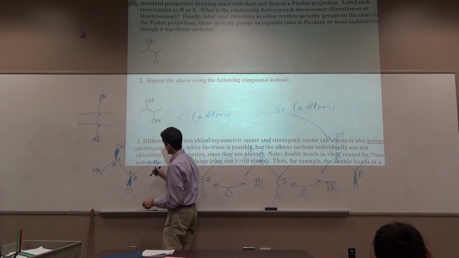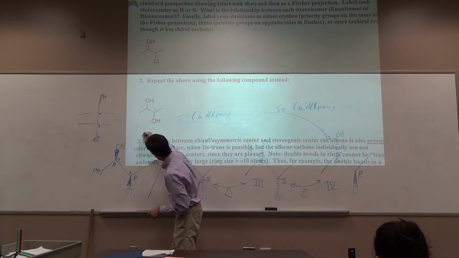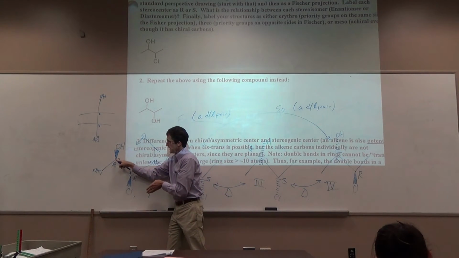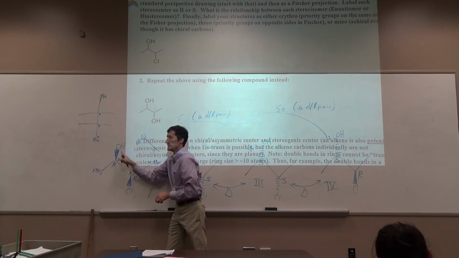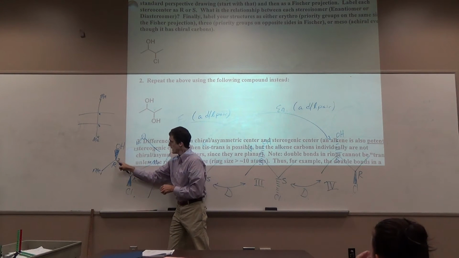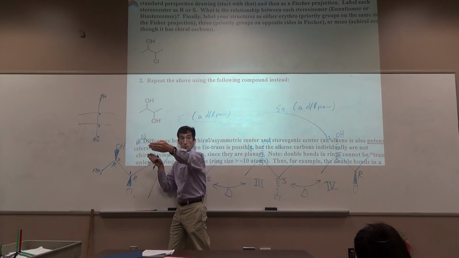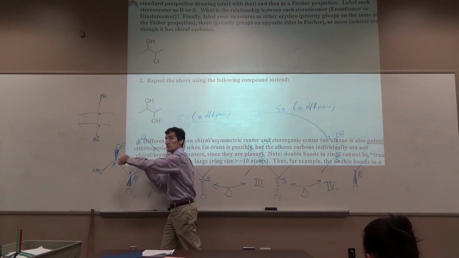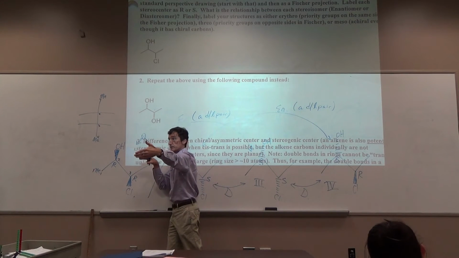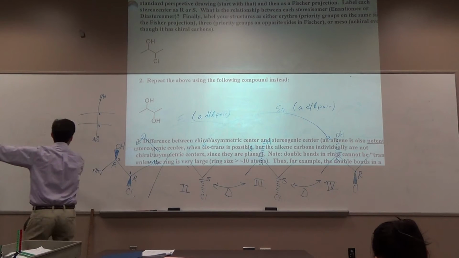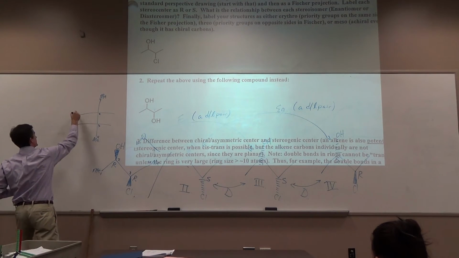I want to stand over here like this and look through here. If I look through here, from that carbon, the methyl's going away from me. The methyl going away, which side is the OH on? Well, it's bold, so it's coming off the board. So if I'm looking through here, it's coming off the board, it's on my... So the methyl going away, the OH is on the left. The methyl going away, the OH is on the left.